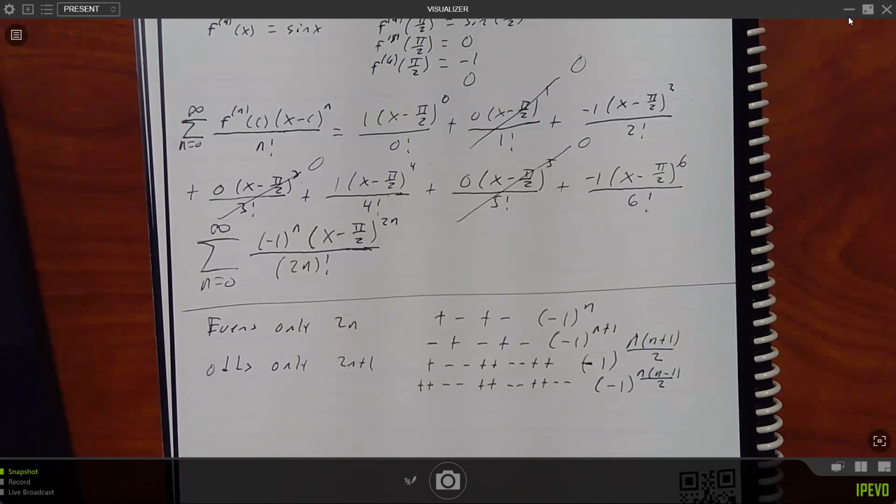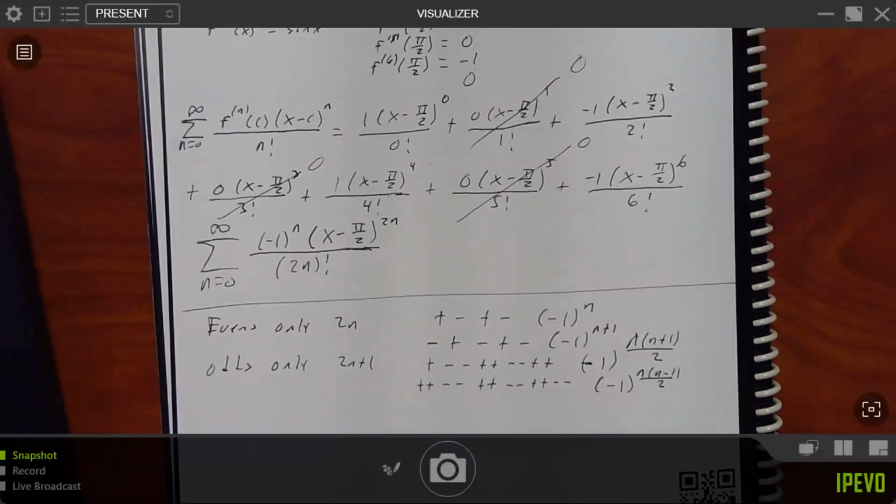But that's pretty much it for 9.10. Let me see what the... Maybe I do.